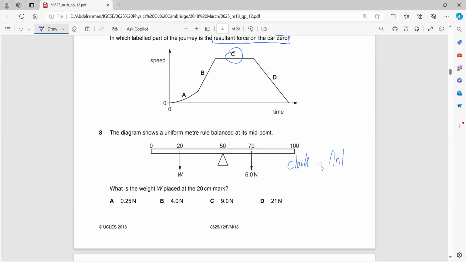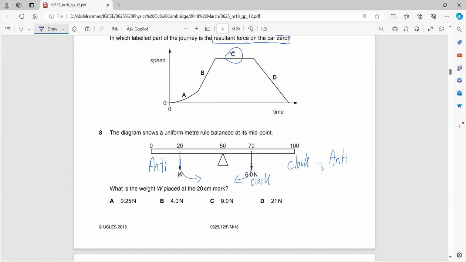The weight, does it exert a clockwise or an anti-clockwise moment? Think about it. Yes, it is exerting an anti-clockwise moment, but the 6 Newton force is exerting a clockwise moment.